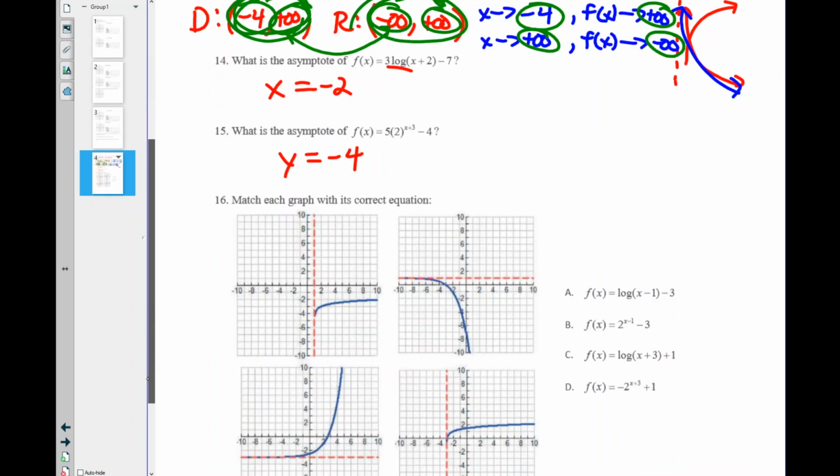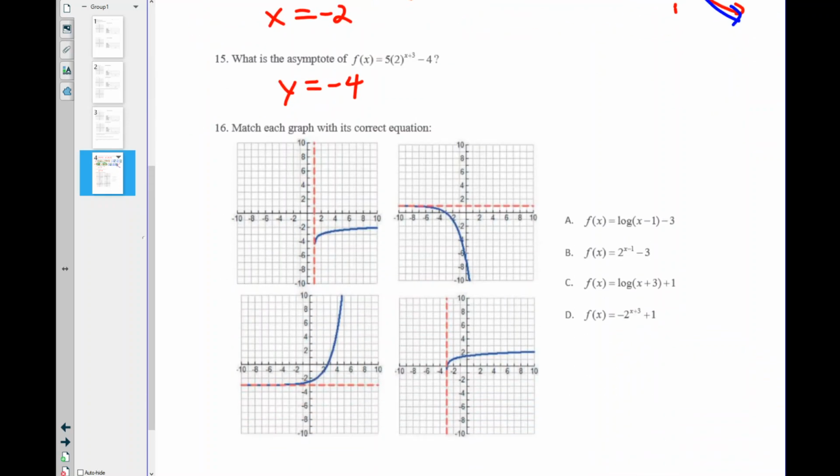All right, matching. Match each graph with its correct equation. In this type of structure, what's the first thing I'm looking at? The asymptotes. These have 2 horizontal and 2 vertical. So I know the ones that are vertical are going to end up being logs. The 2 that are horizontal are going to be exponentials.